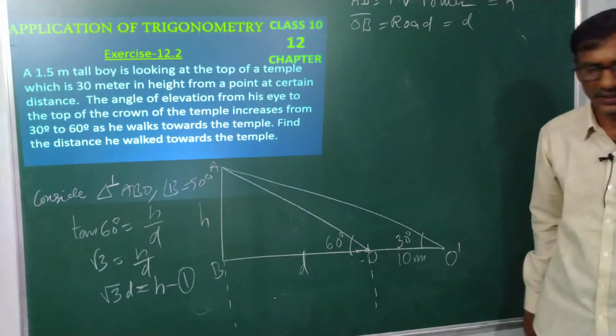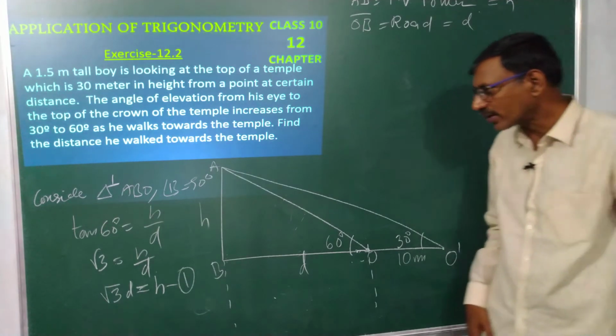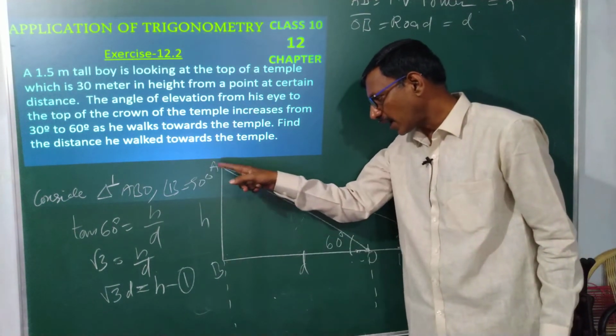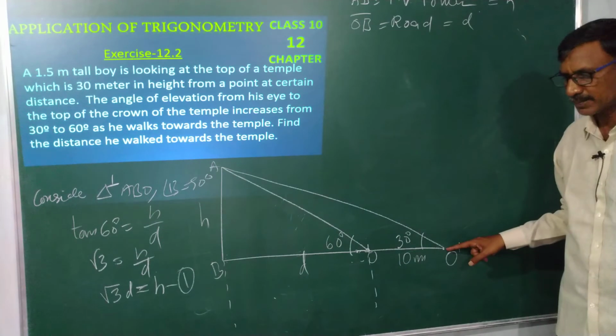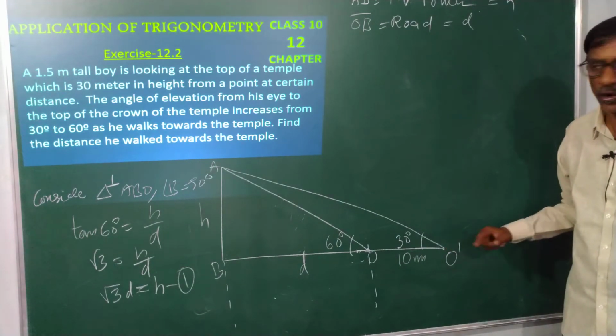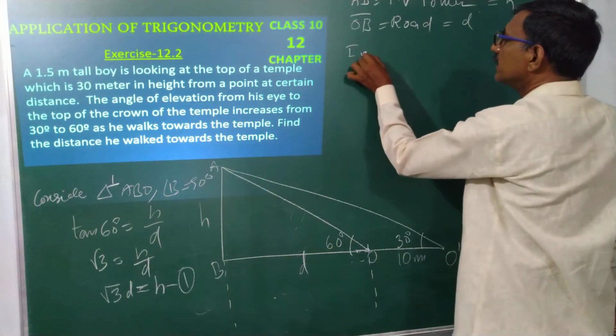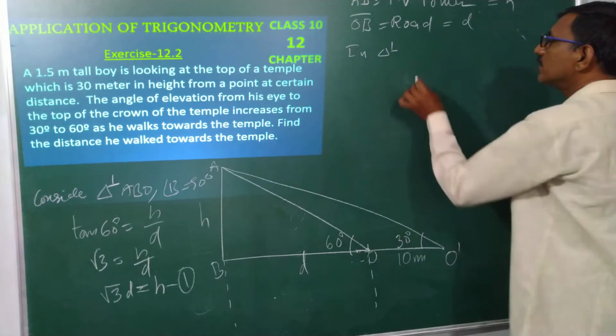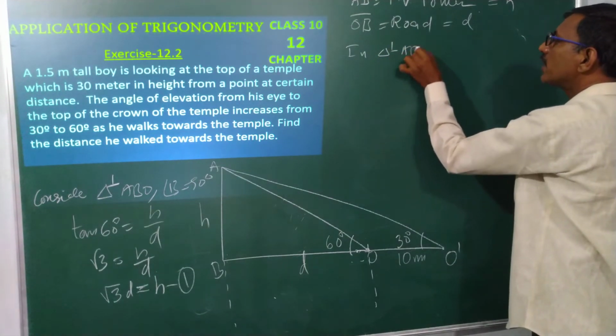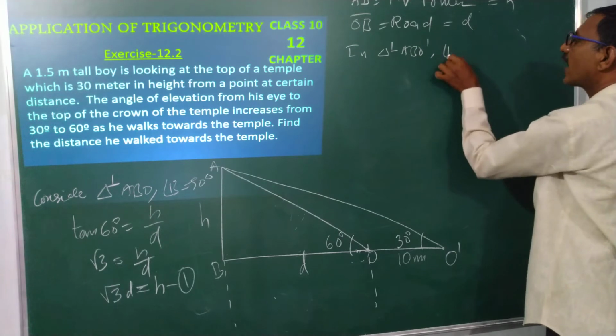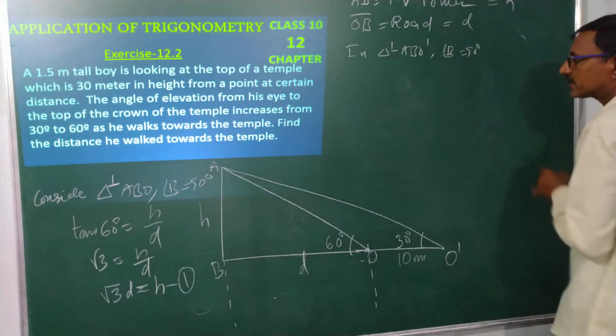Now consider one more right angle triangle, ABO dash. In right angle triangle ABO dash, angle B is equal to 90 degrees.